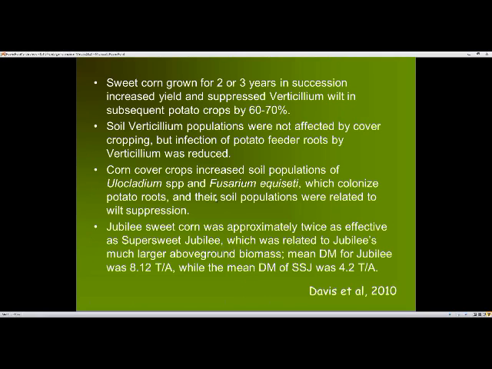And not only were Fusarium equiseti populations increased, but also potentially an Ulocladium species, and they colonized the potato roots. What they found is that Jubilee sweet corn was twice as effective as super sweet, which they attributed to the fact that Jubilee is a much stronger plant and creates double the above ground biomass of super sweet.